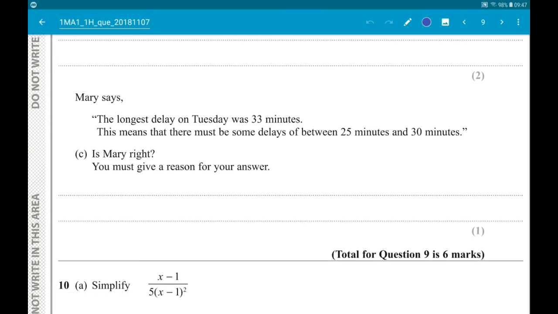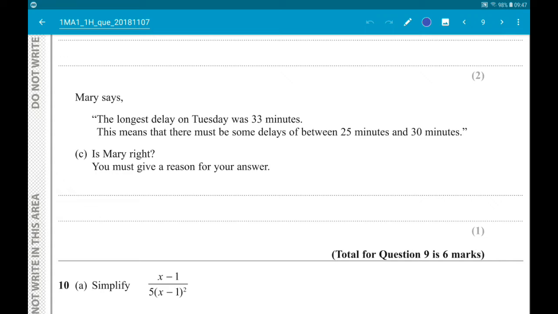Okay, and for part C, Mary says the longest delay on Tuesday was 33 minutes. This means that there must be some delays of between 25 minutes and 30 minutes.